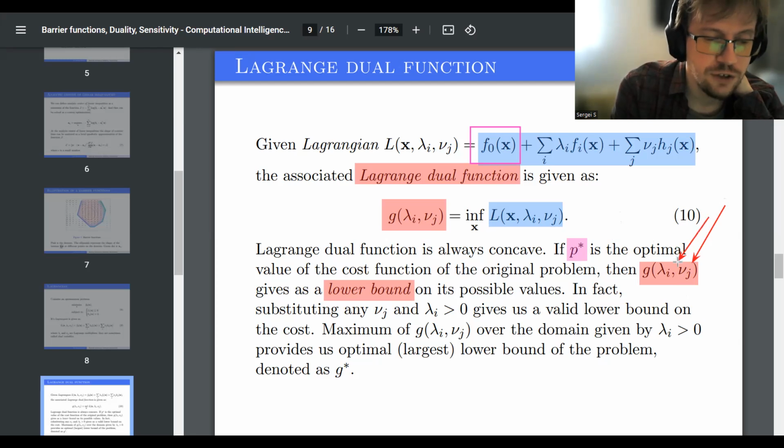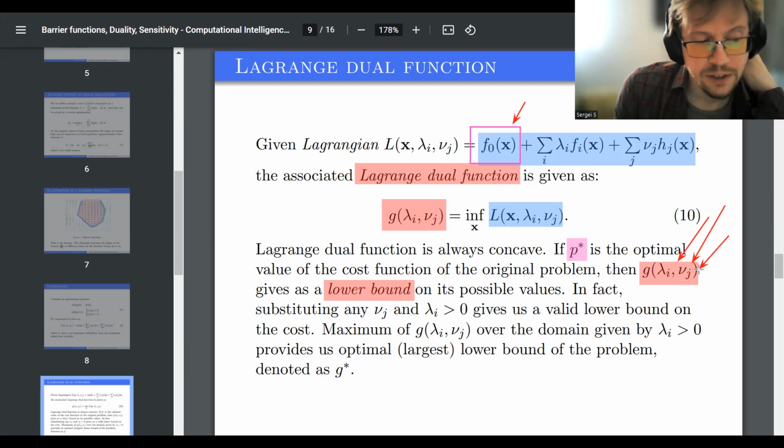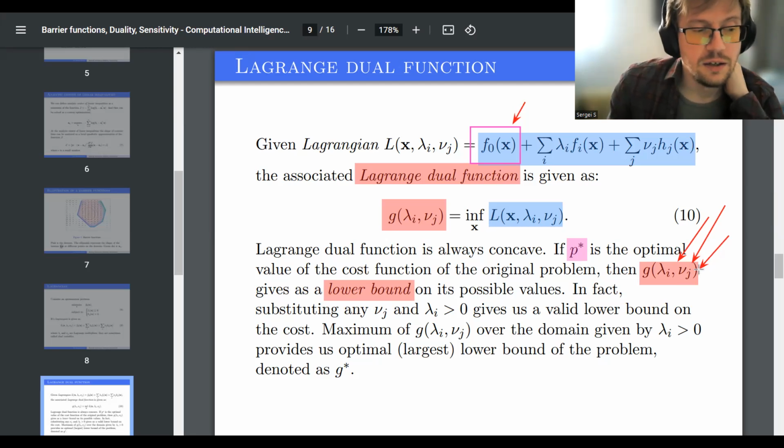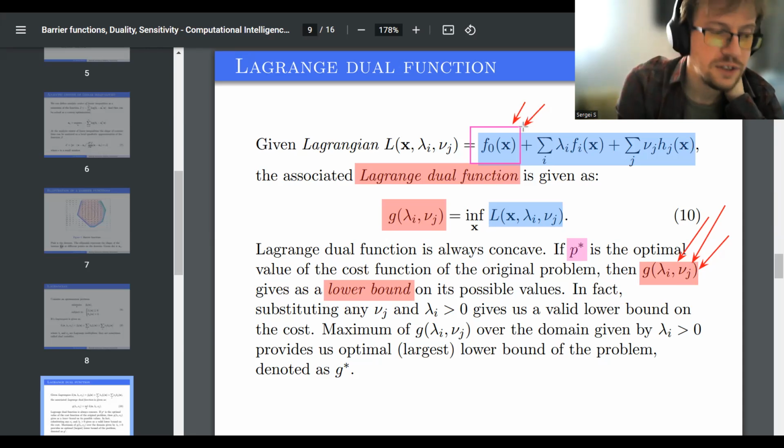Let's say that this function for a different value of lambda and nu gives us 0. It means that the lower bound is 0 for f0. So f0 cannot be less than -3, but it also cannot be less than 0. Let's say that for some other nu and lambda the value is 3. Then f0 cannot be less than 3. So we have bigger and bigger lower bounds.